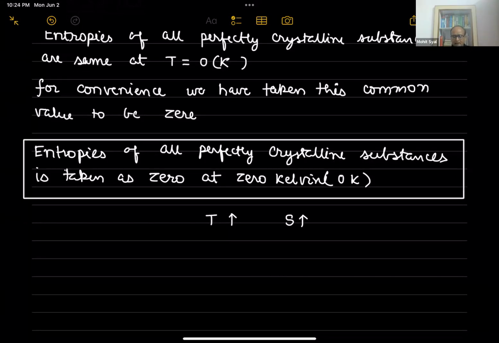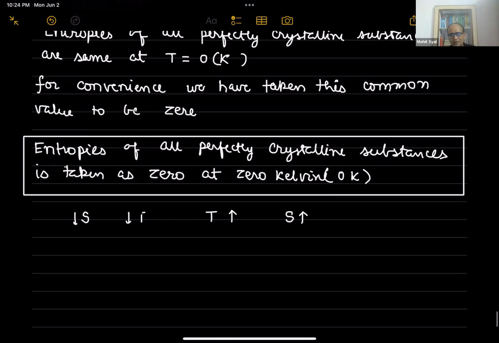So what will happen if you lower the temperature? Entropy will also decrease, because random motions will decrease. The particles will not have energy, so they will sit quietly in one place. They will not move here and there. Moving here and there means kinetic energy, which is given by the temperature by heating.